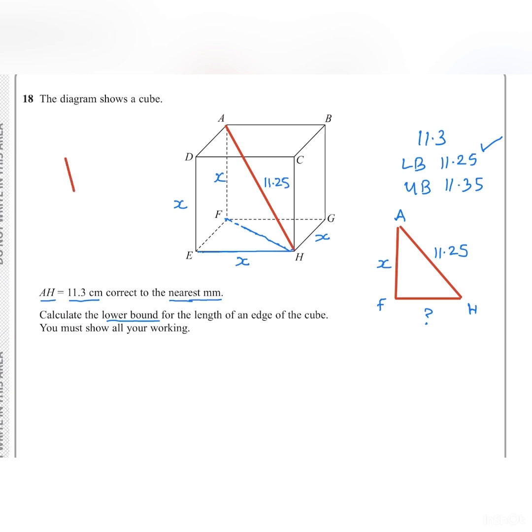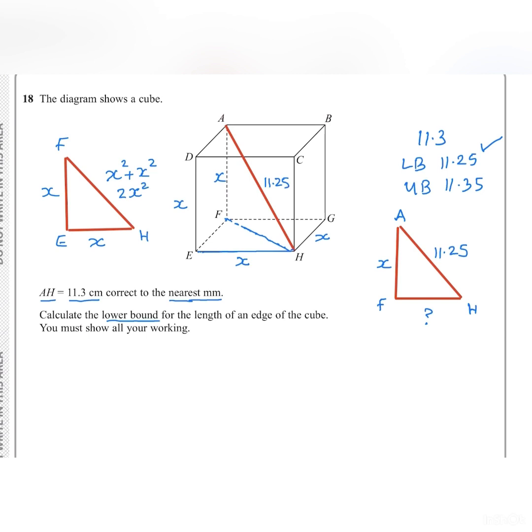So again, I'm just going to draw out another triangle here. So if this was F and H, and this is E. So E to H is x, and this is x. So F to H is, if you square both sides, F to E and E to H, and add them together, we get x squared using Pythagoras' theorem plus x squared, and that is 2x squared.